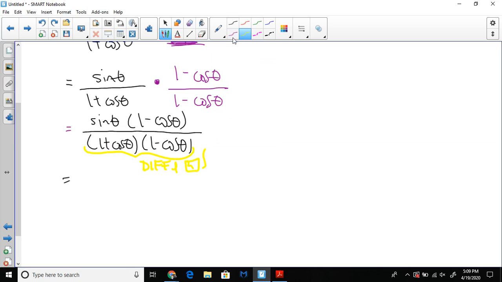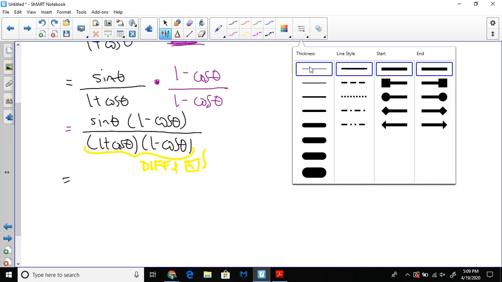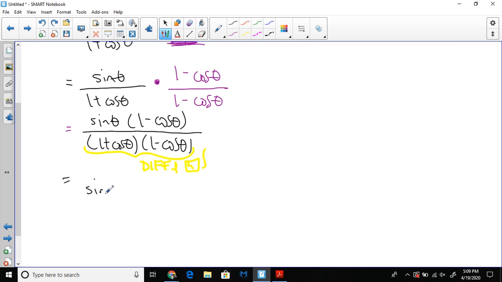So what I'm going to get is this. The top I'm going to leave: sine theta, 1 minus cos theta, all over, if I expand this, what's 1 times 1? 1, and then 1 times minus cos, and then cos times 1, they cancel each other out. So now I'm left with minus cos squared theta.